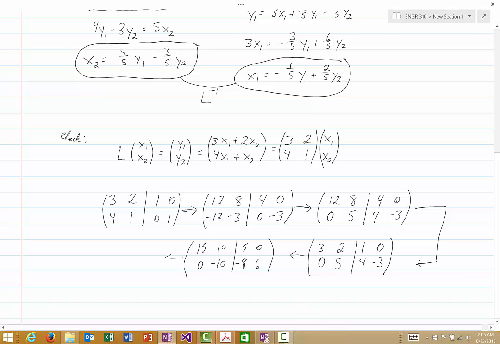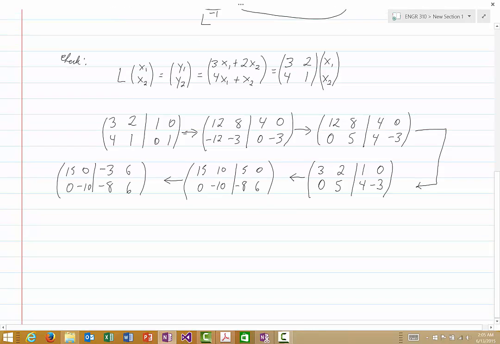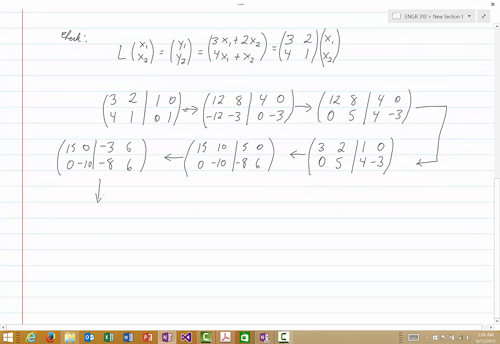And now let's add the second row to the first row, and we will get 15, 0, -3, 6. And on the bottom we will have 0, -10, -8, 6.